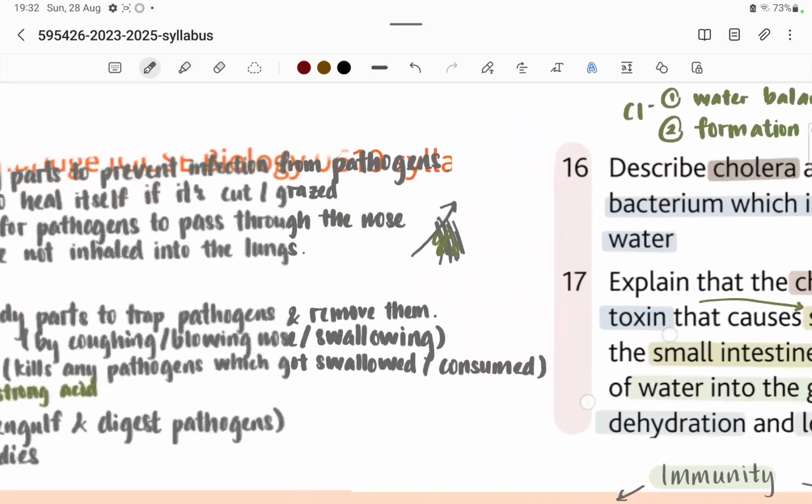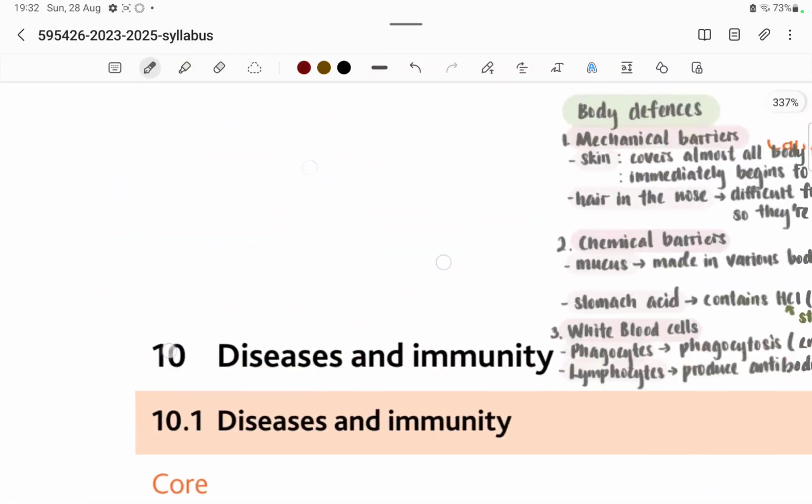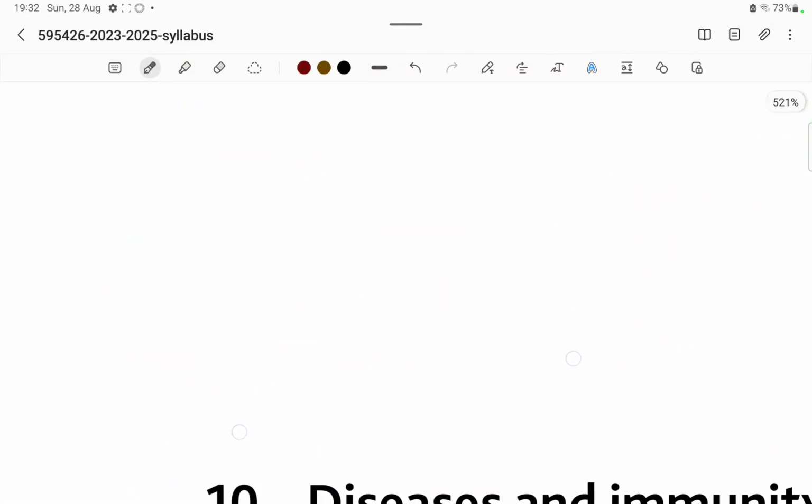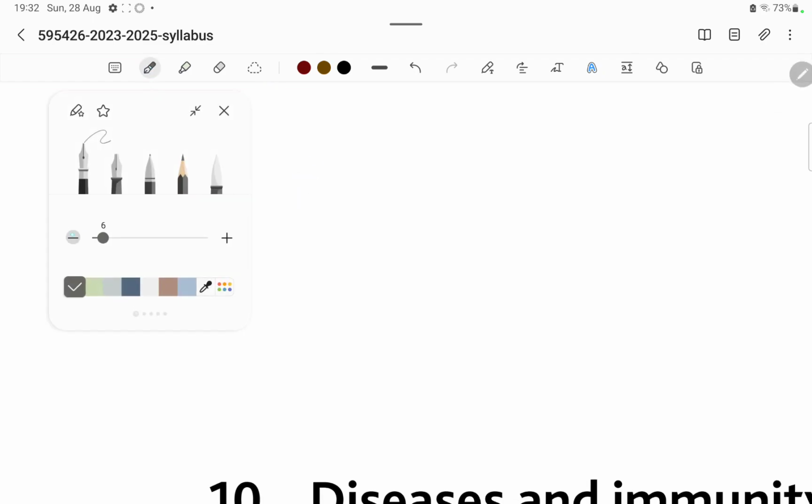And then after that, last but not least, we try this part: active and passive immunity.